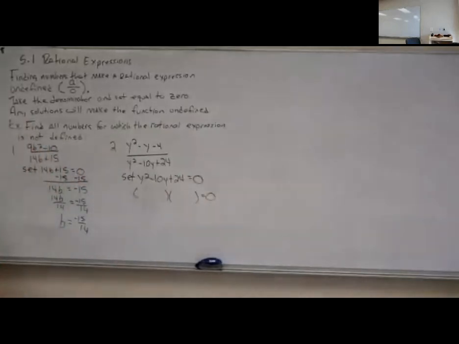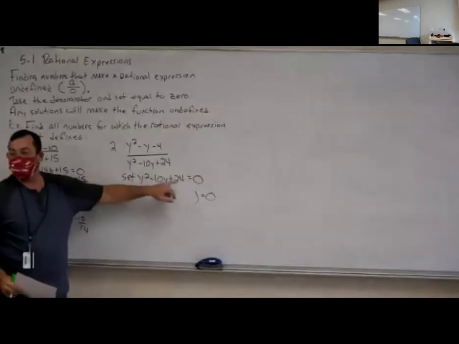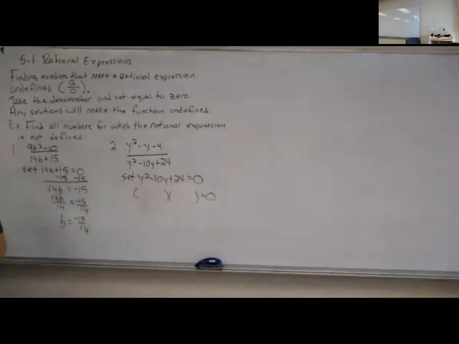Don't want to factor that, but at that point, y'all got a quadratic formula in your calculator. If you did quad, it'd be a 1, negative 10, 24. Put that in quad, and it'll give you these two answers.